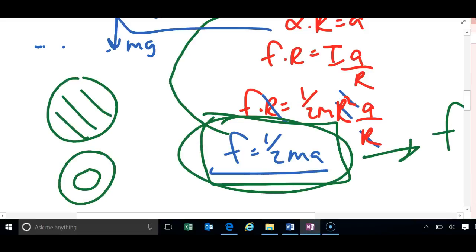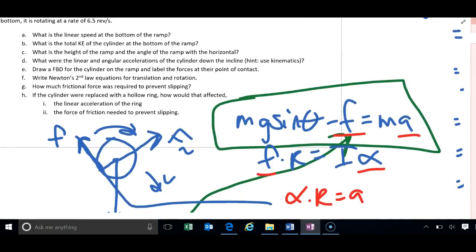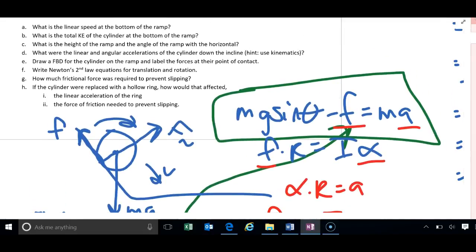We know that the ring is harder to rotate, and what rotates it? Friction rotates it. So you would have more friction. So if friction goes up, your acceleration will have to go down. So I would be looking at this equation. As friction goes up, your acceleration goes down. So you would get less linear acceleration.